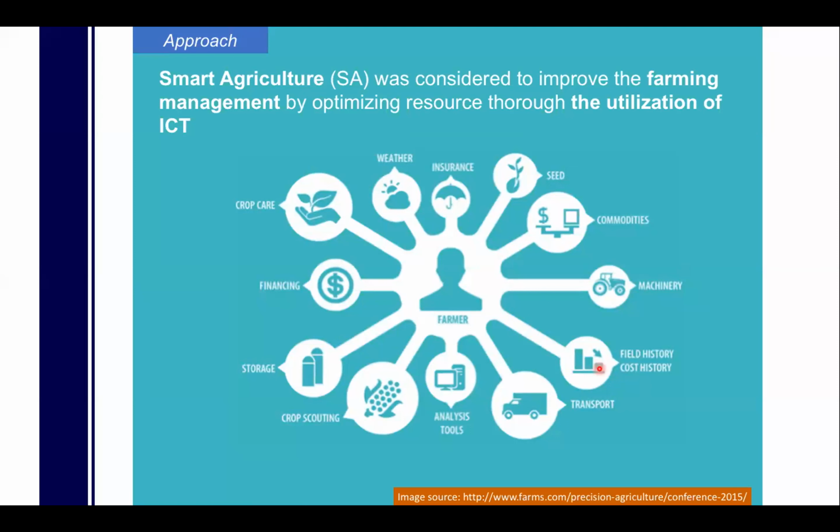We are not talking about maximizing or minimizing the resource, but optimizing, both natural and human resources, through the utilization of ICT or information technology, of course.